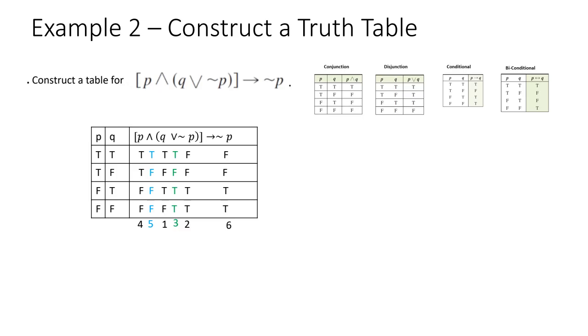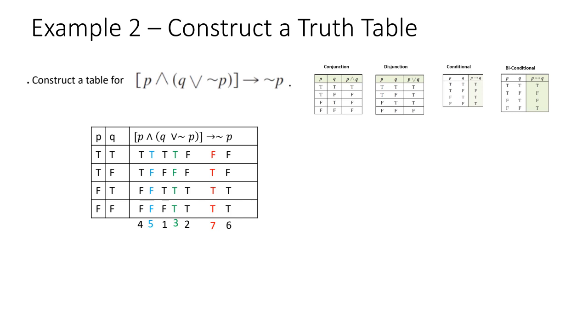Well, that's going to be false. So I put a false right there. And then I have false, false. That's going to be true. False, true. That's going to be true. False, true, that's going to be true. And so these are my values on column number 7. Those are my final values of the entire truth table.